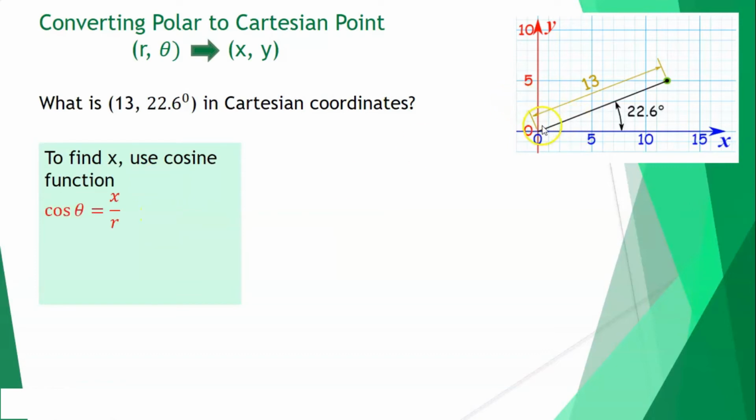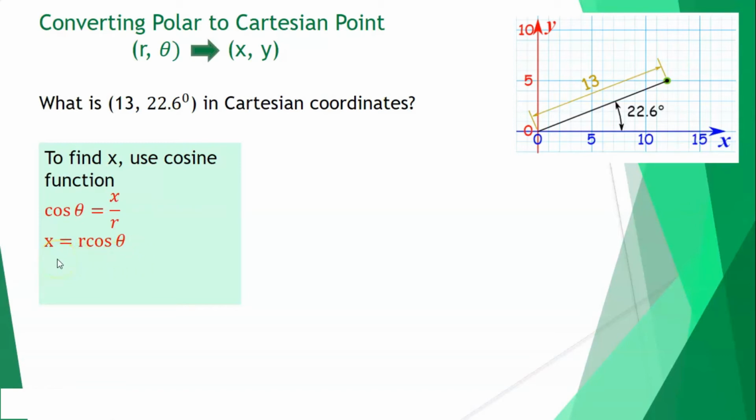Take note, cosine theta is adjacent over hypotenuse. Adjacent here is our x and our r is the hypotenuse. When you cross multiply, to find x, that would be radius times cosine theta. So take note of that.